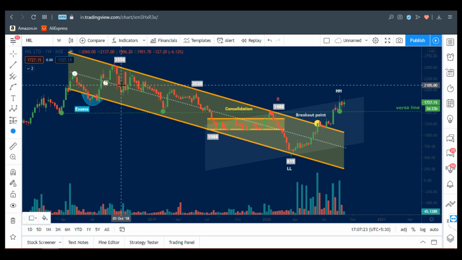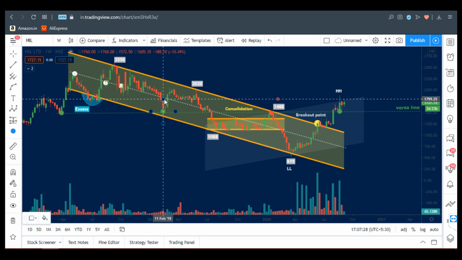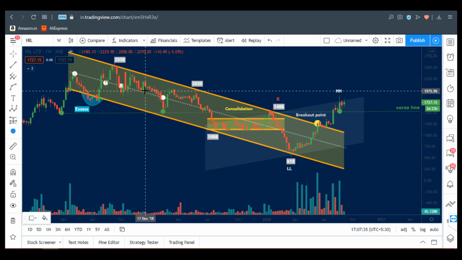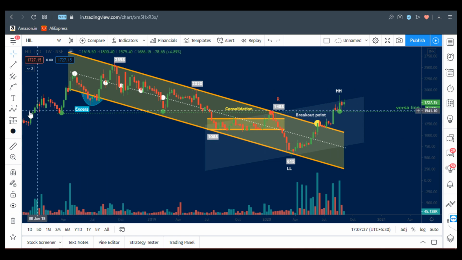Here, the prices which are touching the control line mostly, I am labeling each one of them with white bold dots. Here, I have selected the icon tool, and from that I have selected the dots.